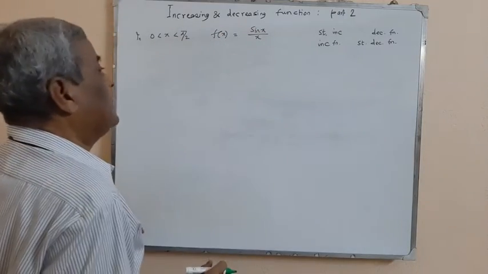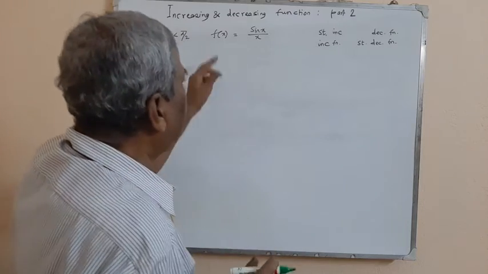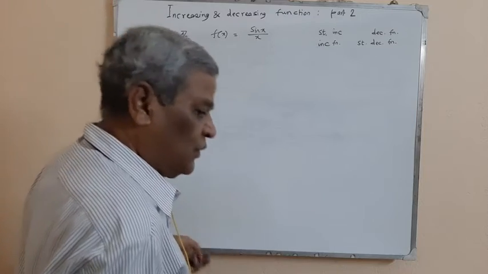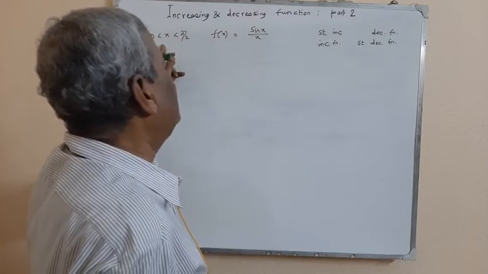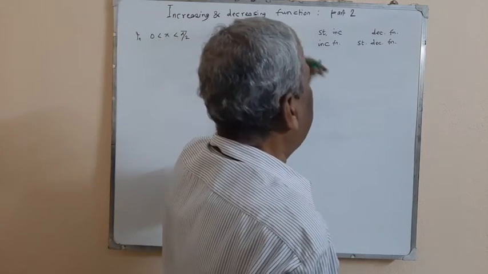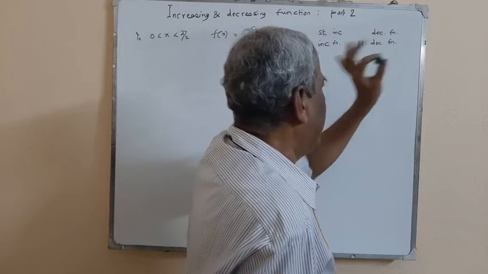So in this problem, one function is given and one interval is given. We have to find whether in that interval the function is strictly increasing, only increasing, decreasing, or strictly decreasing.